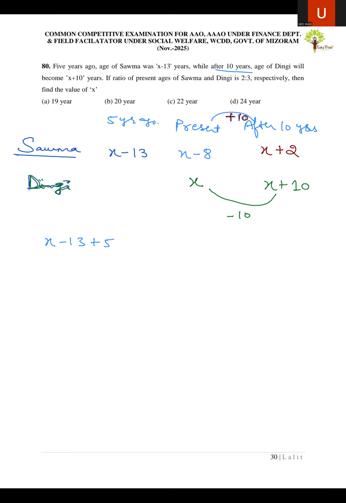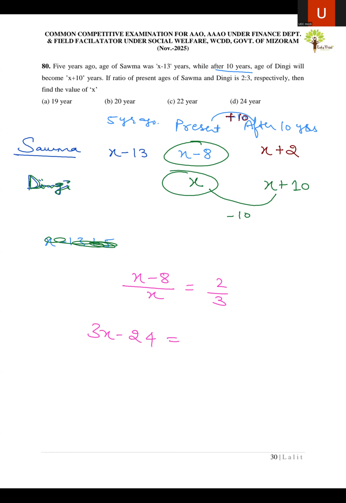They're saying the ratio of present ages of Soma and Dingy, that is x minus 8 divided by x, is 2 is to 3. Simply solve this question. 3x minus 24 equals 2x. Multiply them like this. So x equals 24. 24 is the answer for this.